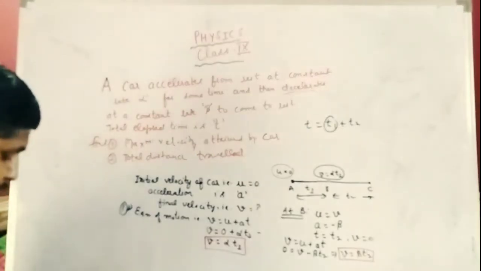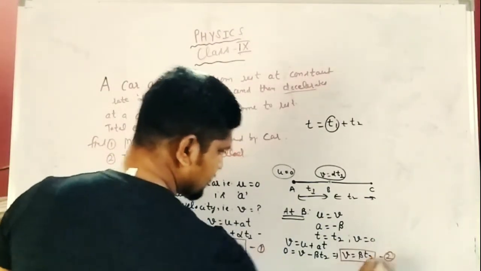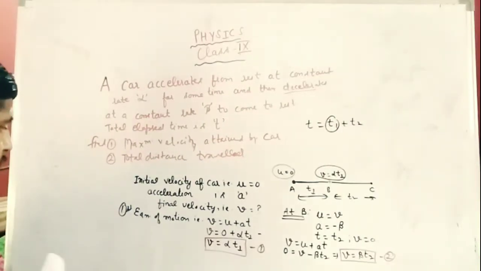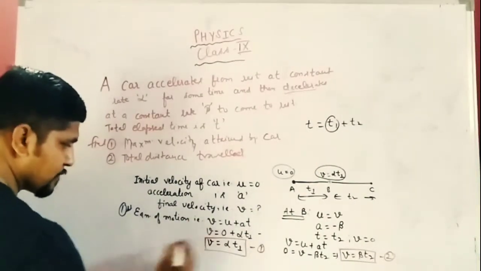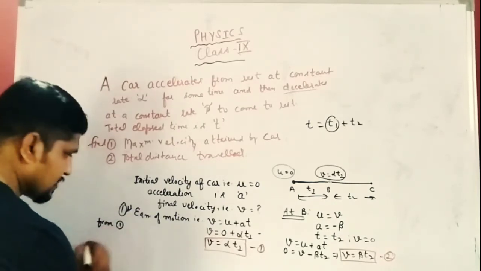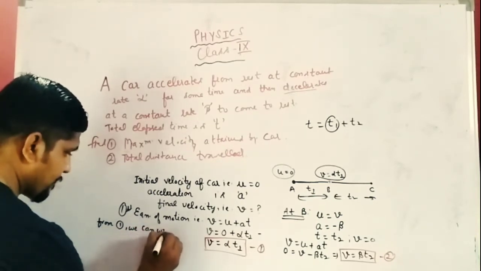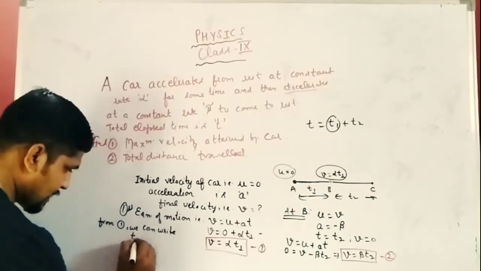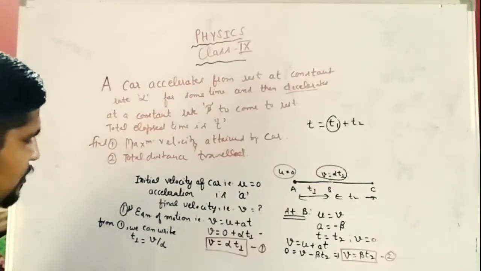So now let us suppose it is the first equation, and it is the second equation. From the first we can write t1 is equal to v divided by alpha.